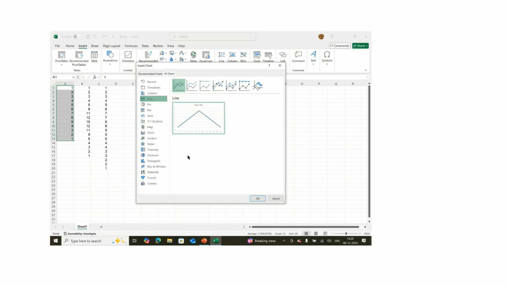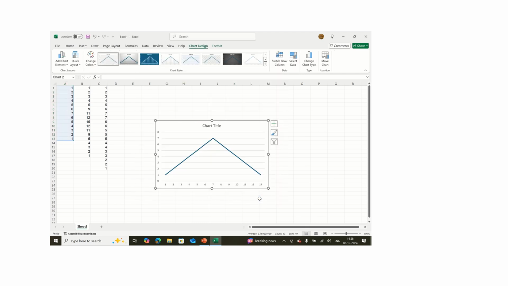So this you see will be inserted, and this is a line diagram. So there is one type, central tendency going up to 7 and gradually the frequency decreasing on both sides.